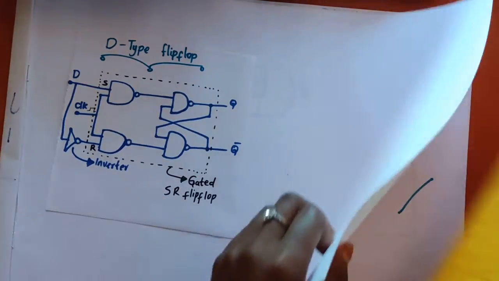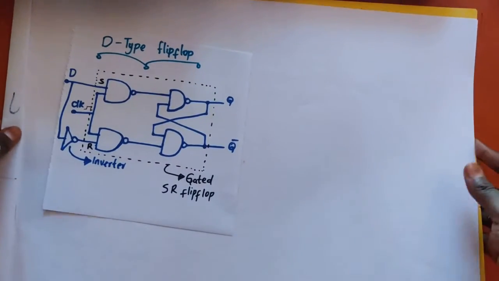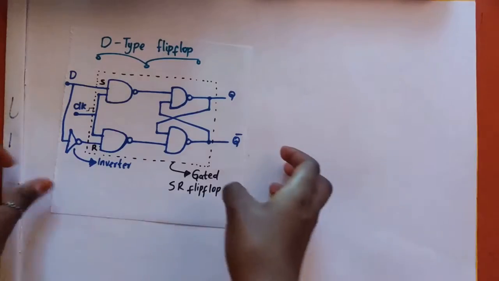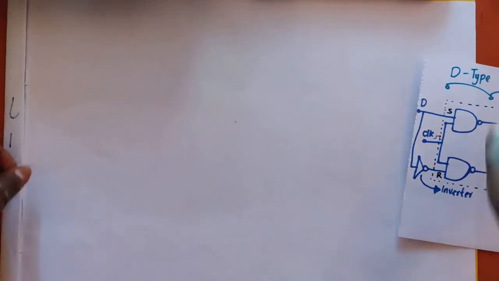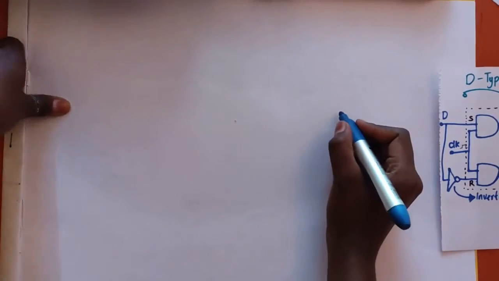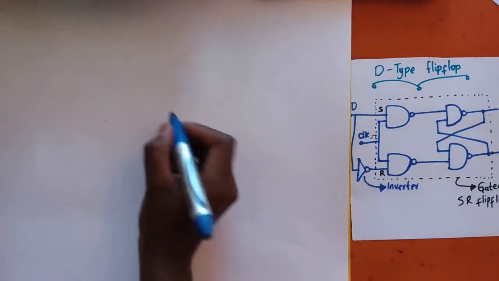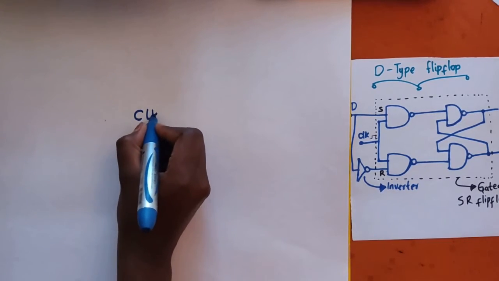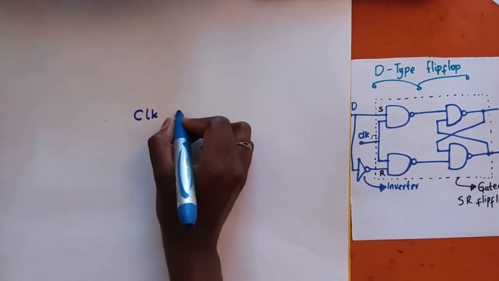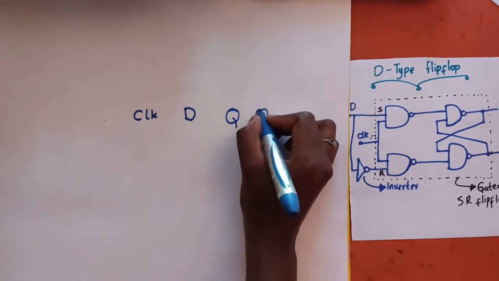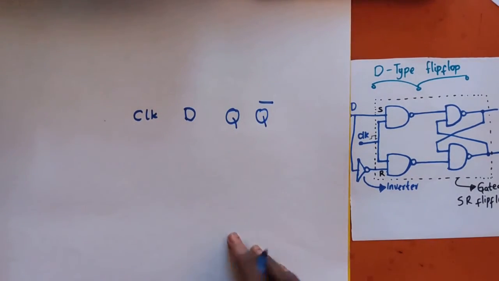So let's look at it. Let me do this. We have our clock, let me just write it here. We have our D input, and we have our outputs.